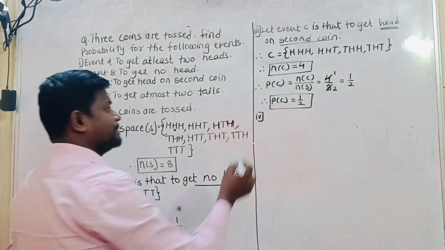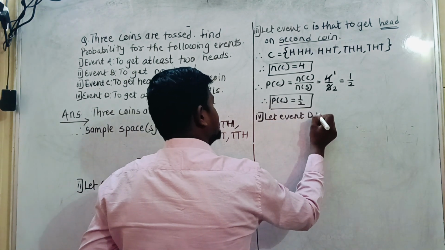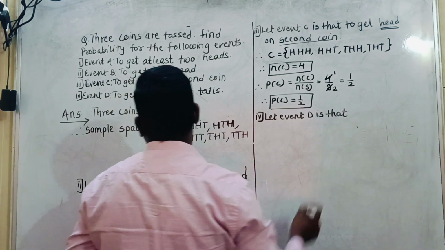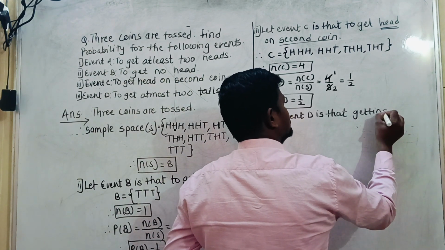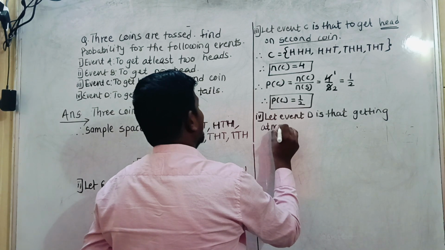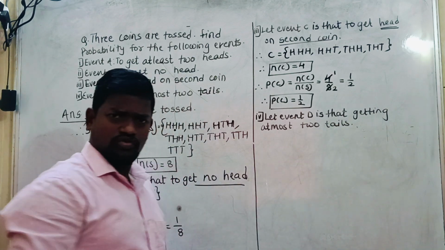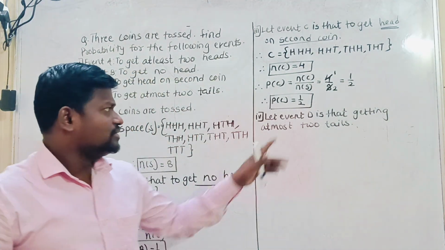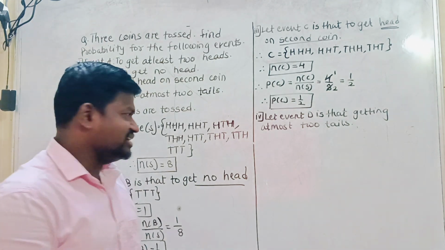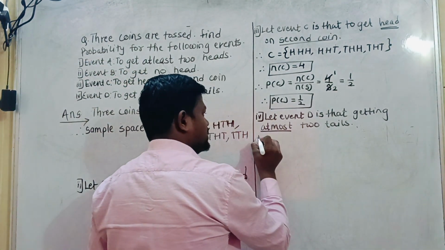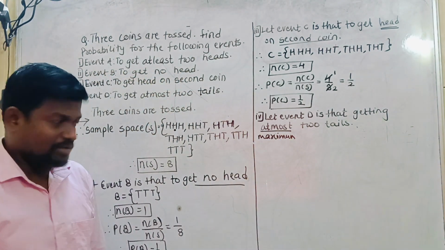Next, move on to our next event, number 4. Let event D be getting at most 2 tails. I said in our lecture earlier that at most means maximum.